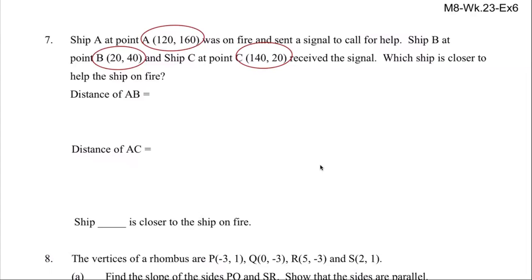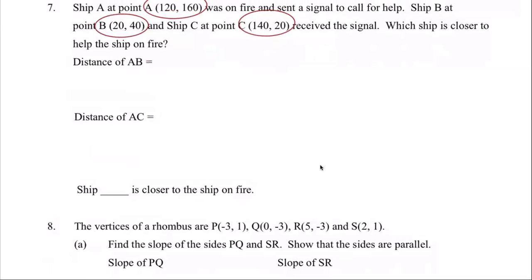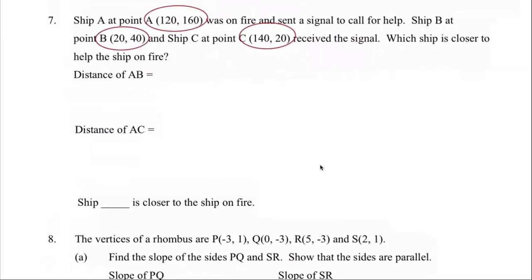If AC is shorter, then shape C should come to shape A to help, right? So what the question is really testing is still the formula for the distance of 2 points. Okay? So we have AB and AC.